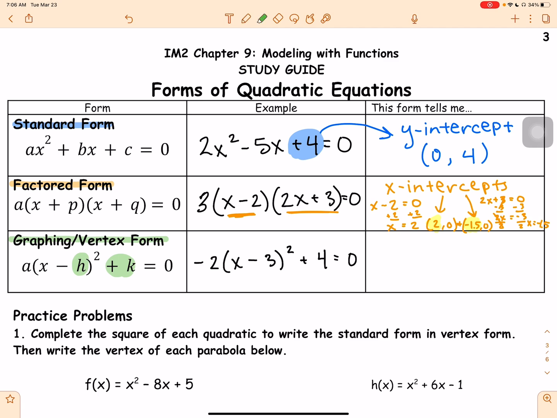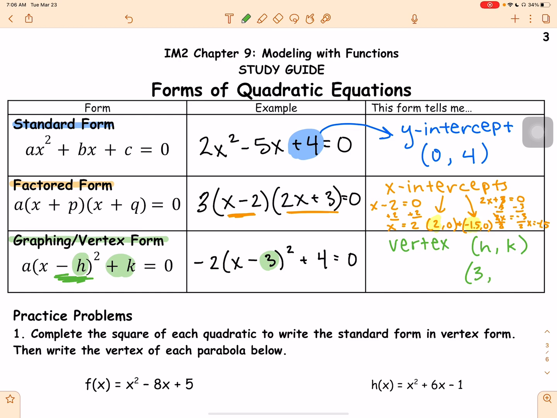Your h, it's always (h, k). And since in our formula the h here is negative, we always take the opposite sign of what we see here. So since this says negative 3, the opposite of that is just 3, because it would be x minus positive 3.